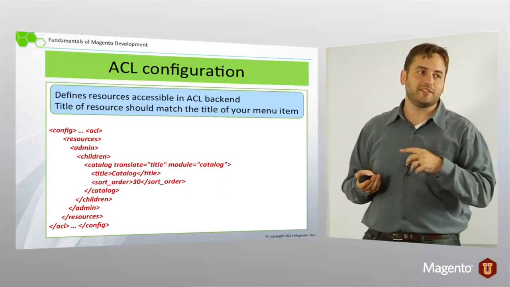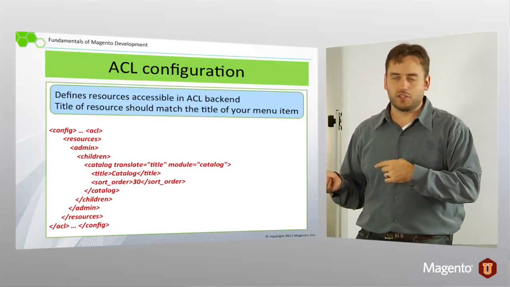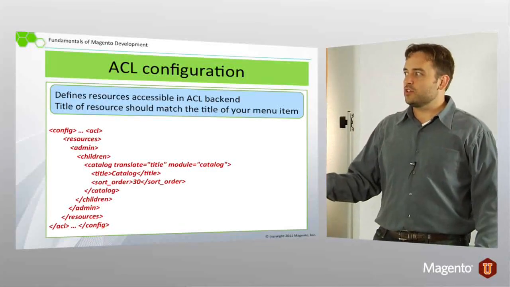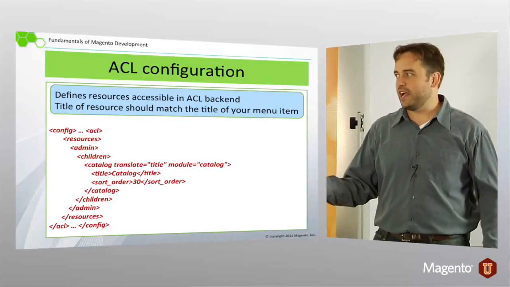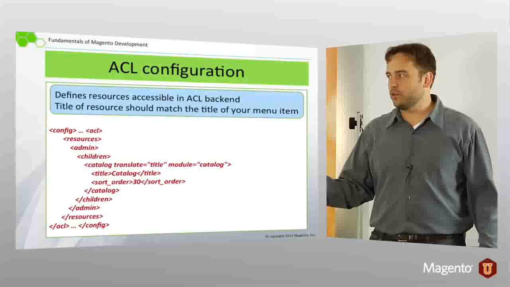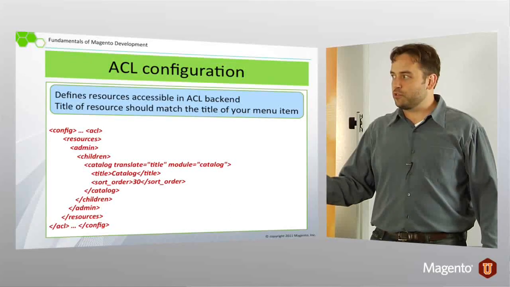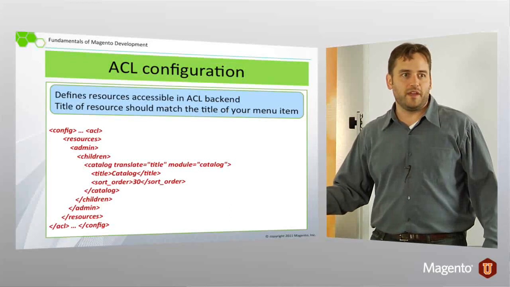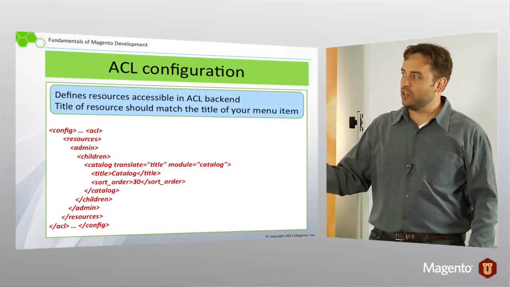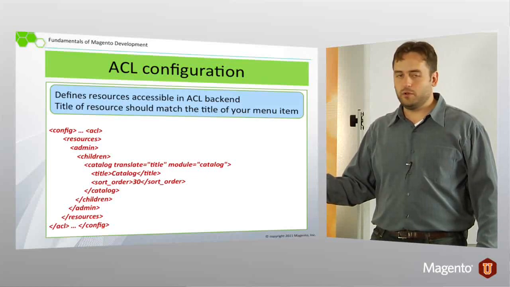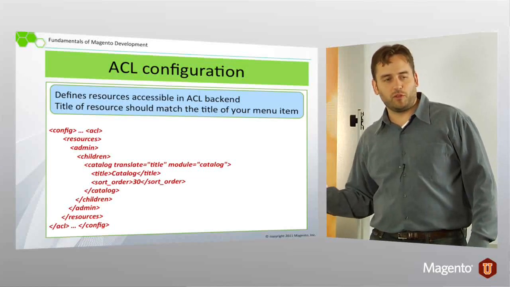And I'll show you the effect of that in a second when I log in as my test user. So then, but then after that, it's basically the same kind of syntax. You define a title, you can set a sort order, and then if we wanted to have children in here, we would declare a children node, and then in this case, we would have products, and so forth. So it's basically node, children, node, children, node, children, all the way down.